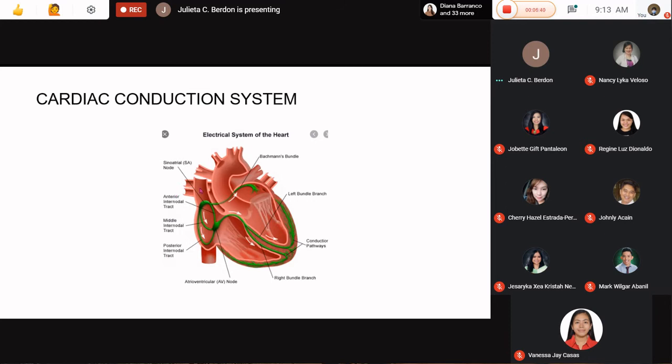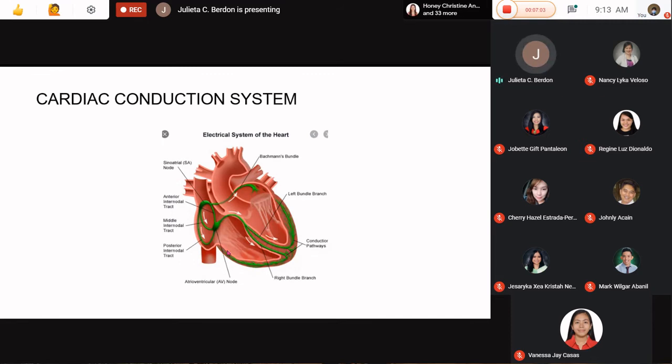Okay, so the depolarization of the ventricular walls will occur via the terminal Purkinje network. The terminal Purkinje network has the fastest rate of impulse conduction, and it will even penetrate the ventricular wall and end on the ventricular myocardial cells.